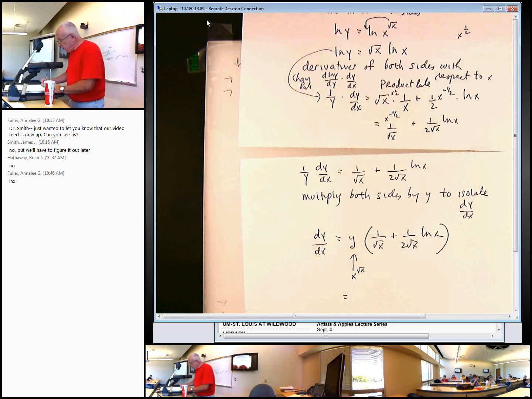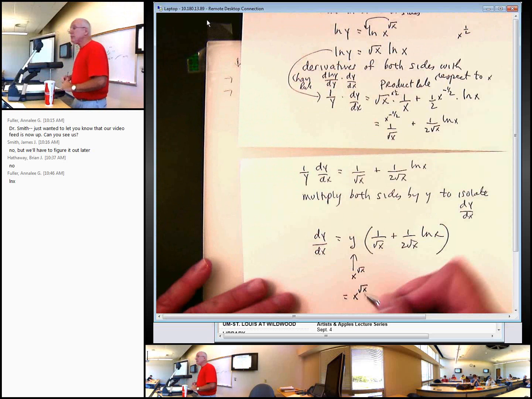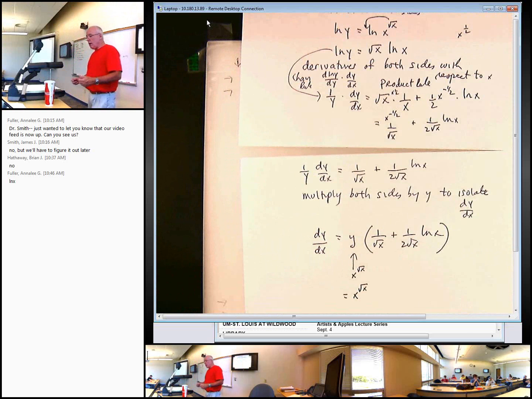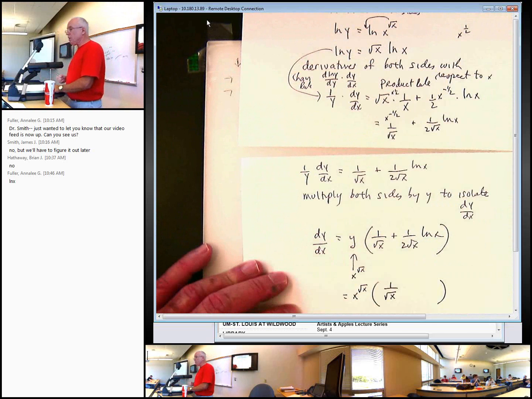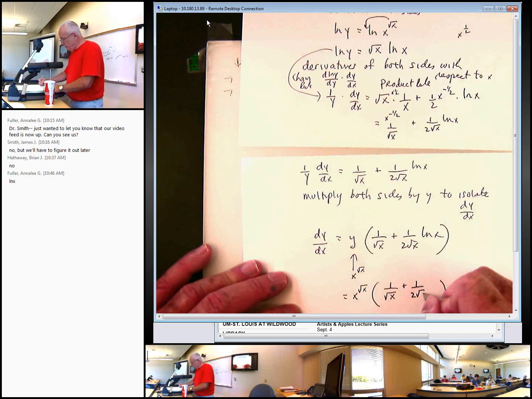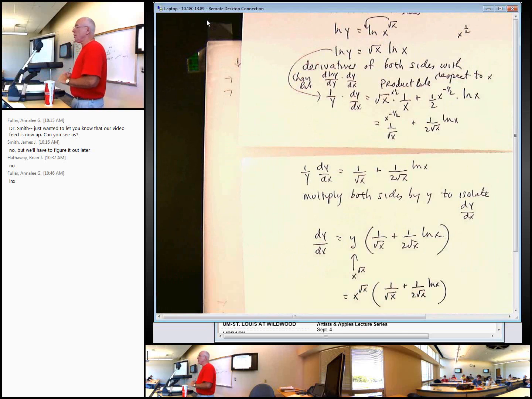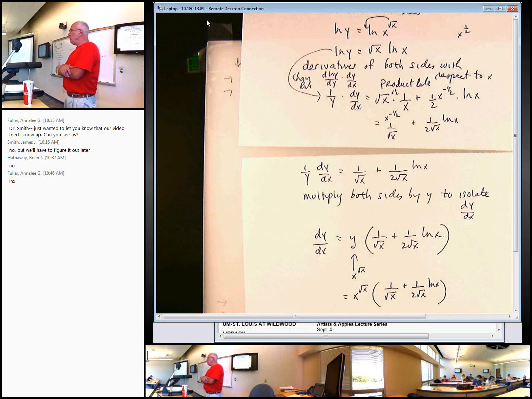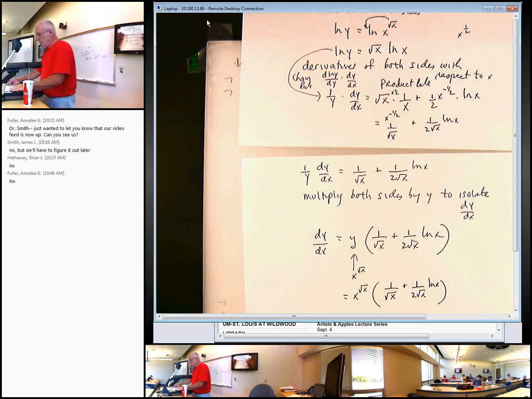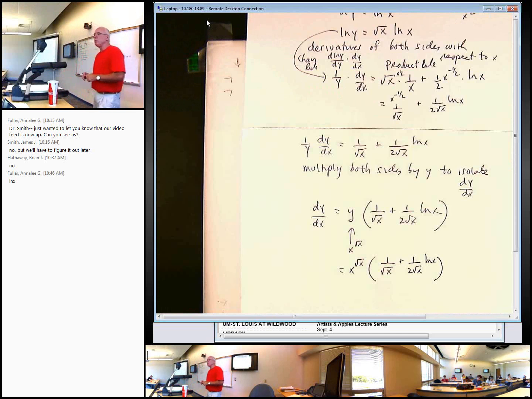Our final answer is x to the square root of x, which is our y, times, in big parentheses, 1 over the square root of x, plus 1 over 2 square root of x, times the natural log of x, like that. Be okay with that. You have an opportunity on some homework to do a little bit of that too.